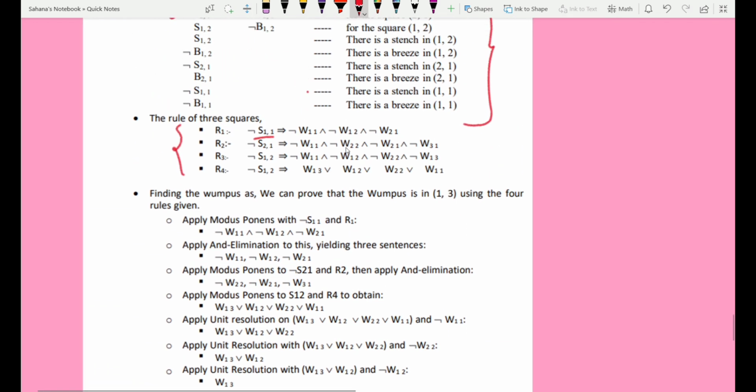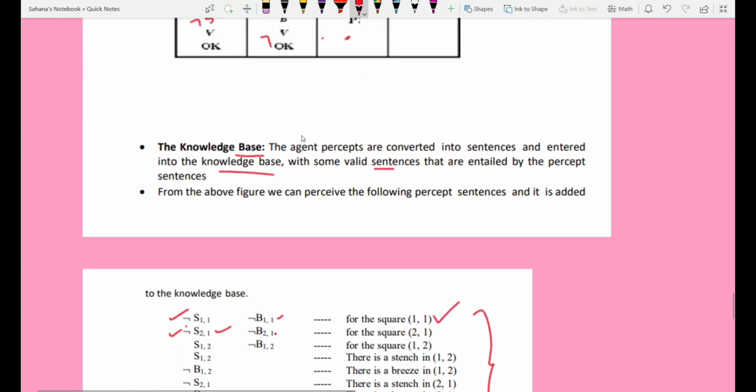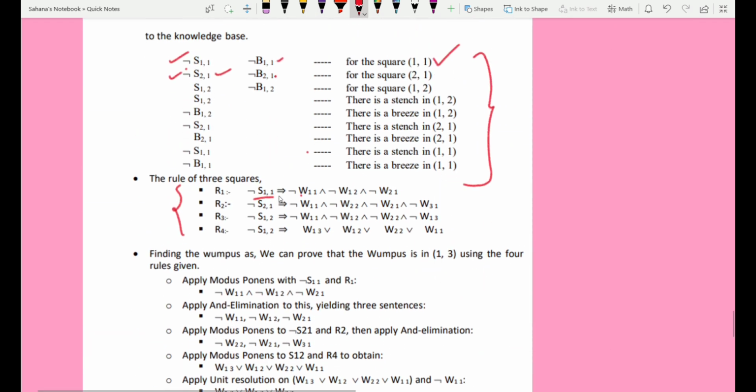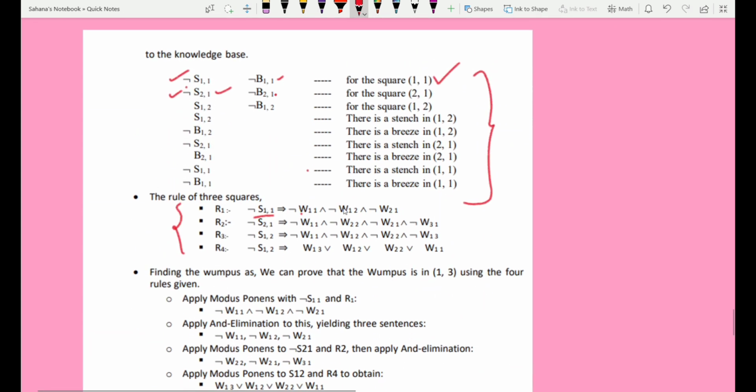That we will write here. So negation of W11, negation of W12, negation of W21. Okay, this is rule 1.